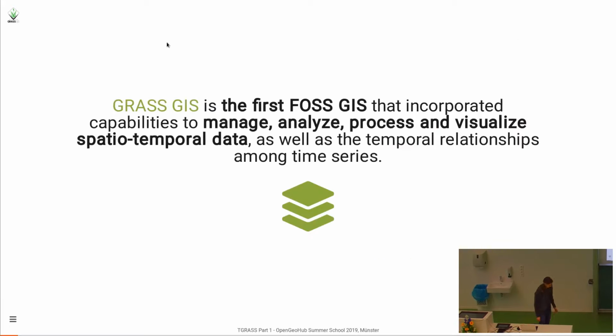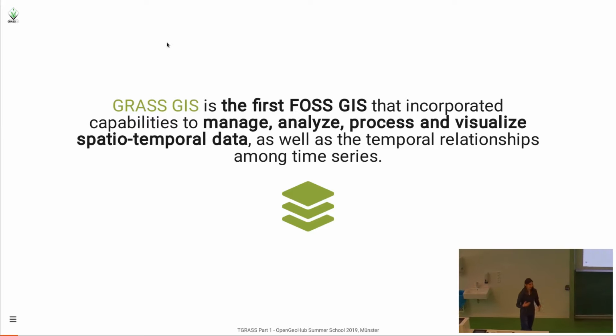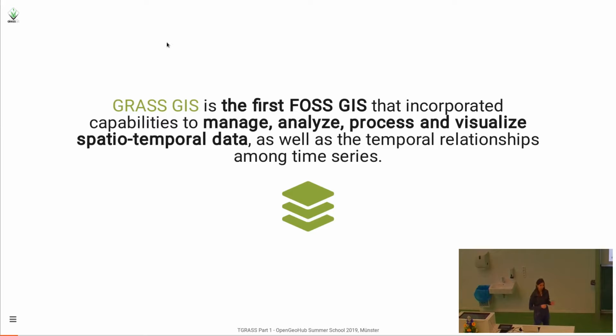So, GRASS GIS has become the first FOSS GIS that has incorporated these capabilities to manage, analyze, process, and visualize spatio-temporal data. But not only that, also the relationship among time series, and that is something quite novel.